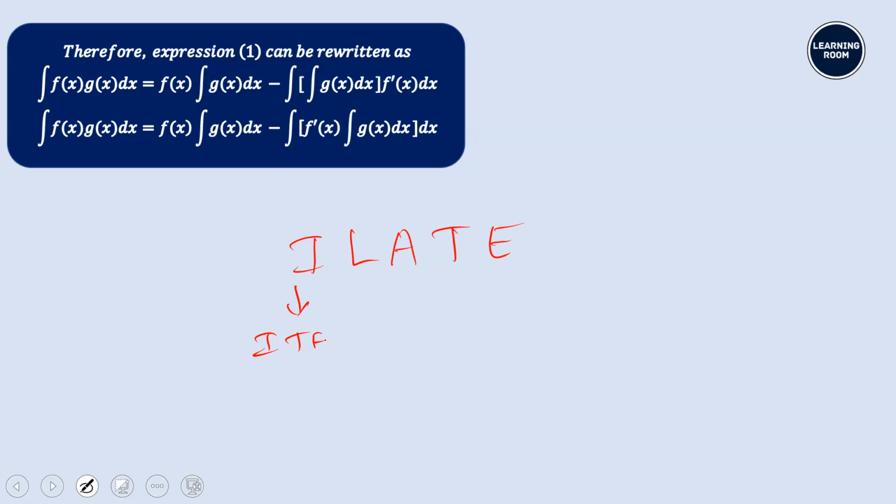L stands for logarithmic function. A stands for algebraic function. T stands for trigonometric function, and E stands for exponential function.